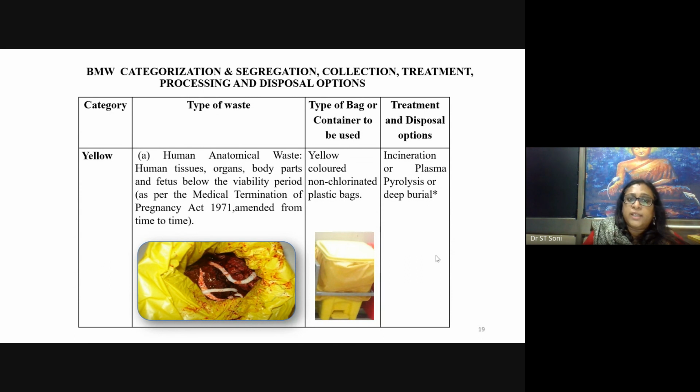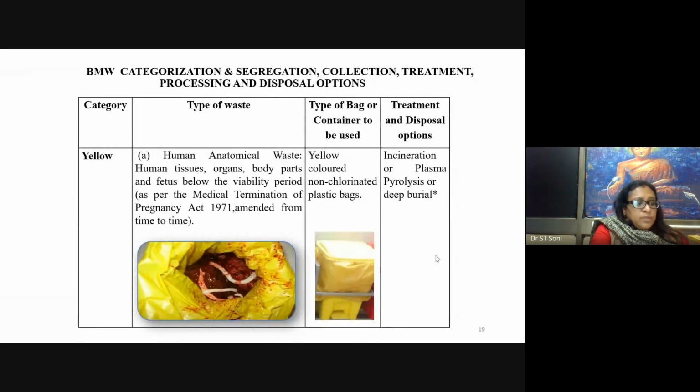So the first category is human anatomical waste. Human anatomical waste is human tissue and organs. So where will this waste be coming from?